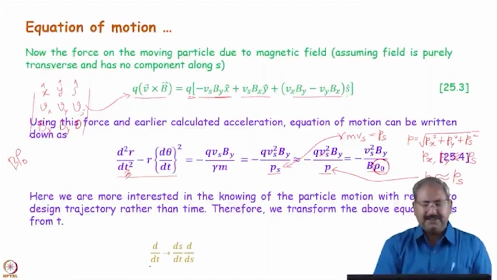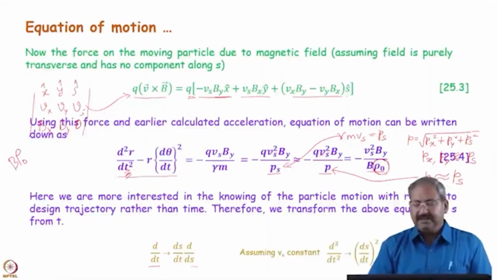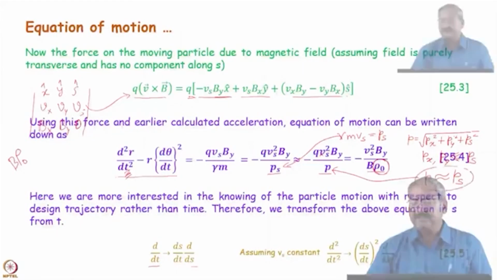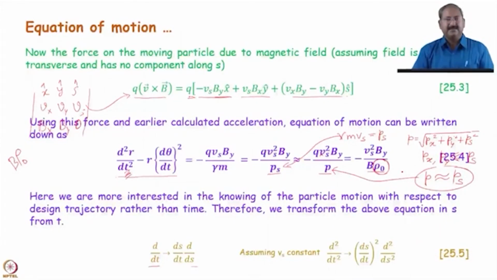So d by dt can be written as d by ds into ds by dt. And we are assuming Vs constant. Why? With the same approximation: because the energy is not changed by the magnetic field, the momentum remains constant, and momentum is almost equal to the momentum in the longitudinal direction.